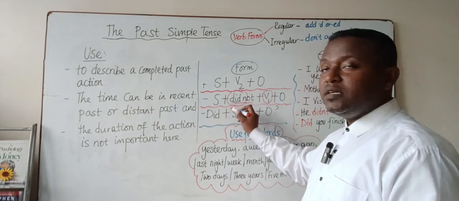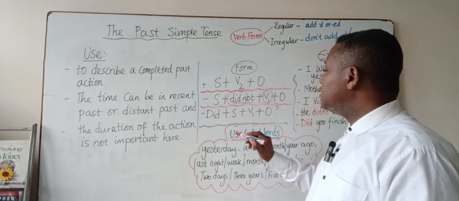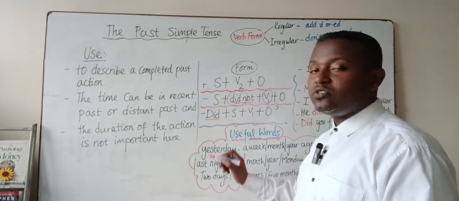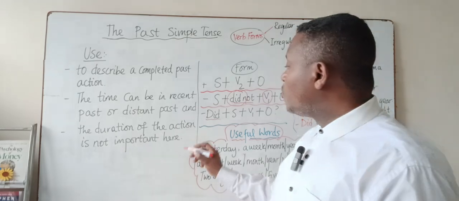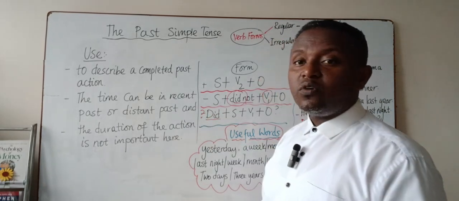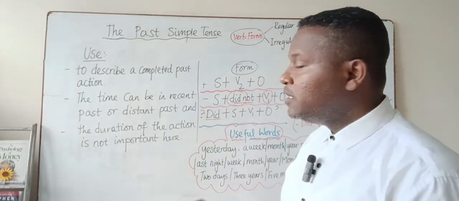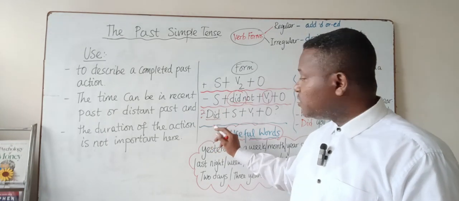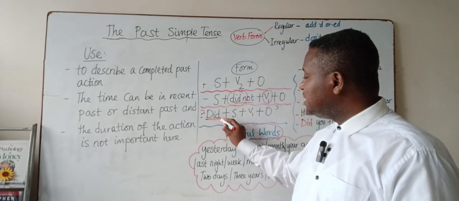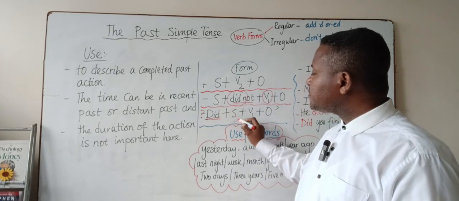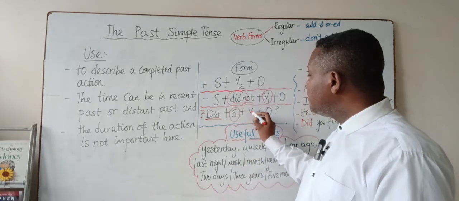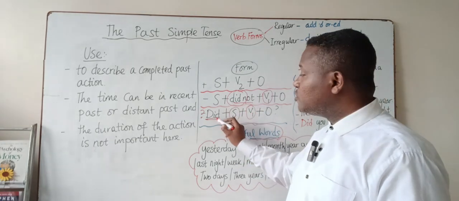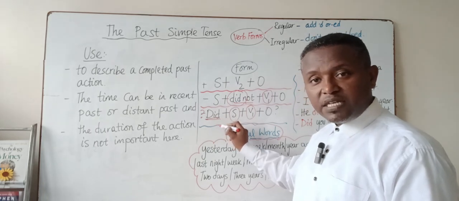So we use did not to construct negative. And the same is true with the interrogative or question form. The question form of past simple is constructed by bringing did to the front. We start the sentence using did, followed by a subject plus verb 1 again, because we have did in this sentence.